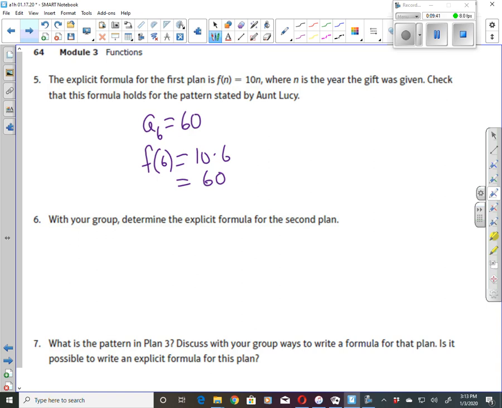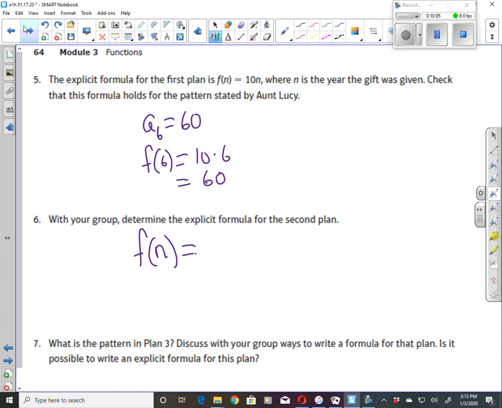With your group, determine the explicit formula for the second plan. That's an interesting one. Okay, so let's talk about that. I know that for a general formula, f of n, for whatever number you're in, we have to get a specific number.